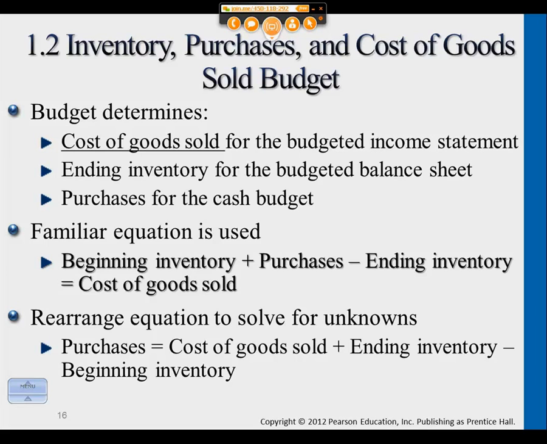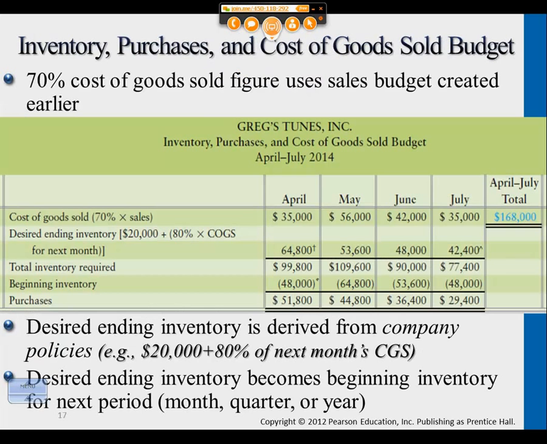Let's look at the third one. Oh, I have an example. Let's look quickly at this example before we go to the operating expense. So let's look again at Craig's Tunes.